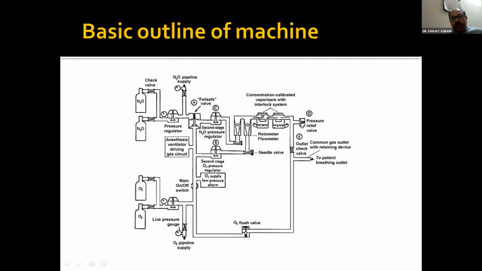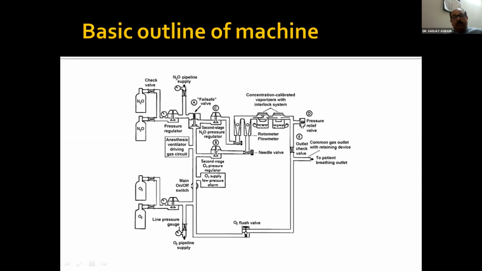Up to this portion, everything is a high pressure system except the pipeline system. Beyond this, up to the flow meter assembly, is the intermediate pressure system. Then the flow meters up to the common gas outlet is the low pressure system.